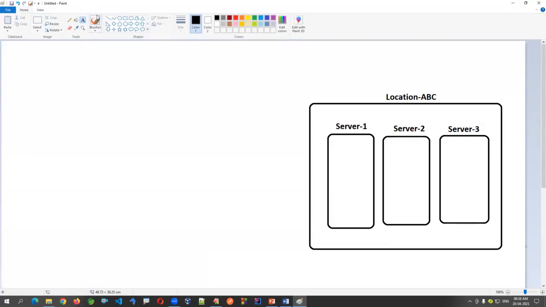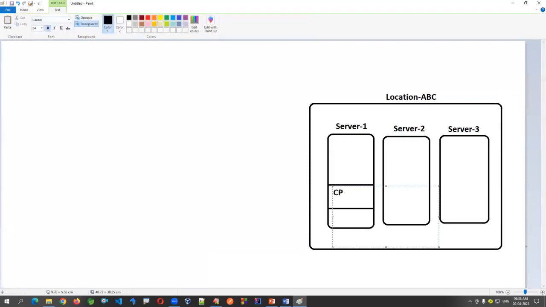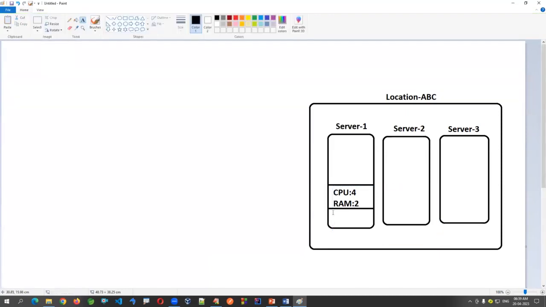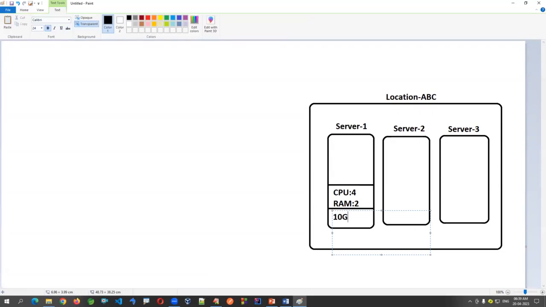On this physical server, you can buy some particular space. So here I'm just taking CPU capacity 4, RAM capacity something like 2 GB, and also some 10 GB SSD.